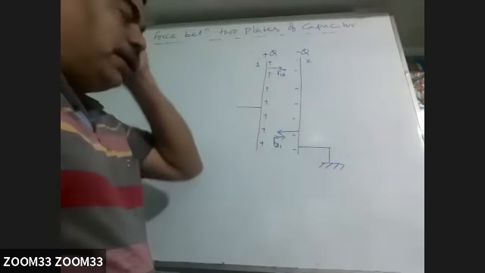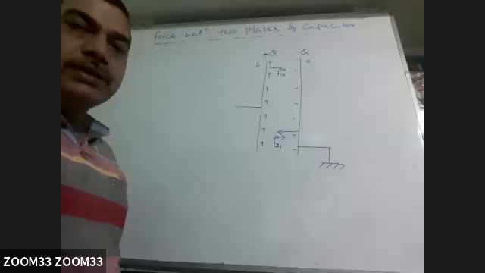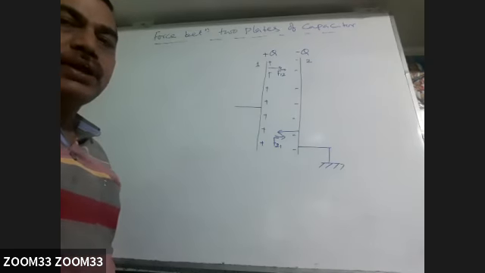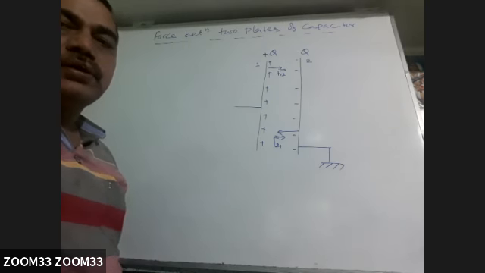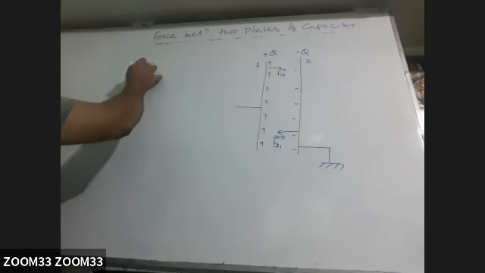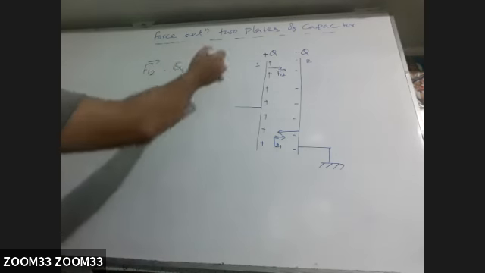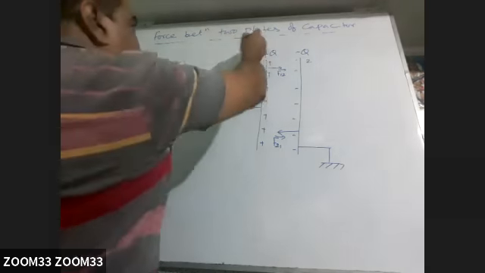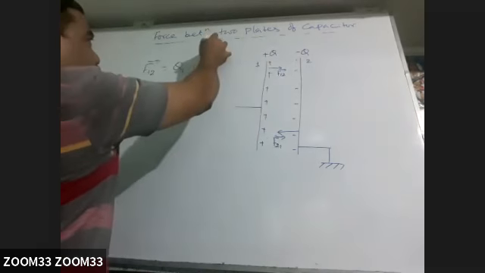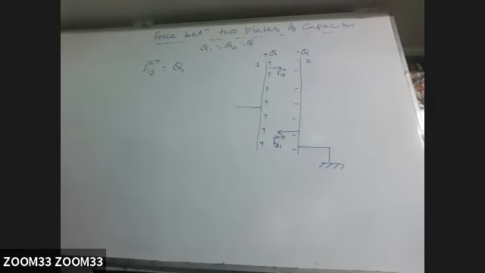So how will you find this force? When we place any charged particle or charged object in electric field, the force is QE. So this F12 will be the charge Q1, which is equal to Q only. So this Q1 and Q2 magnitude is same, Q. Only sign is opposite.